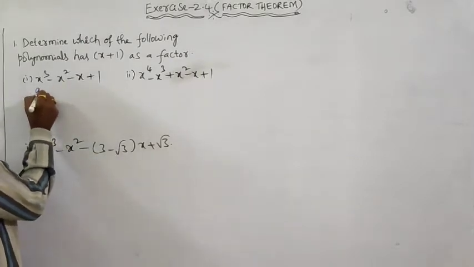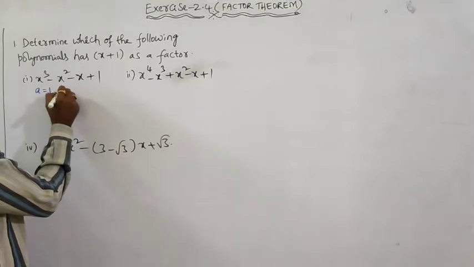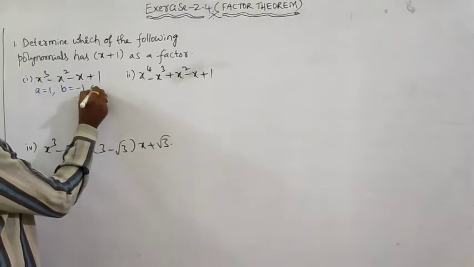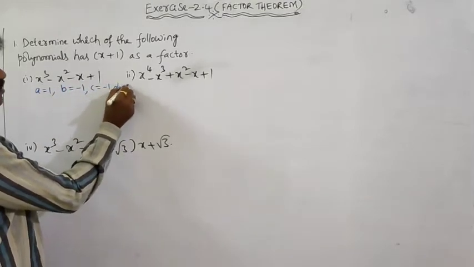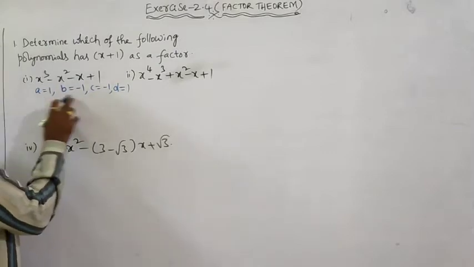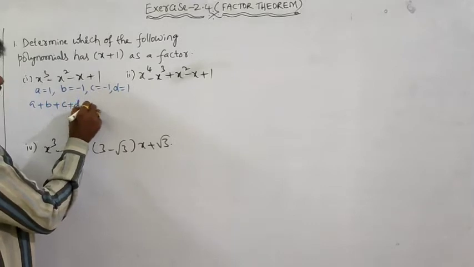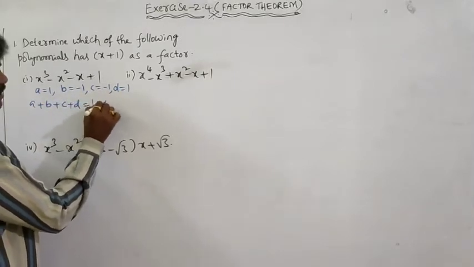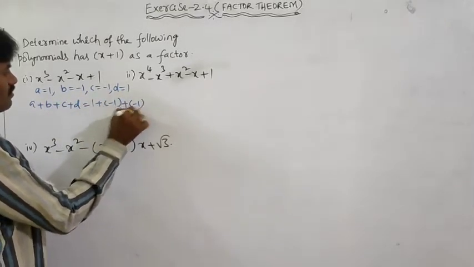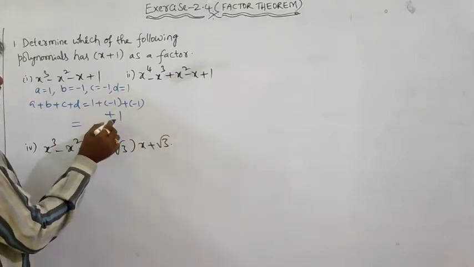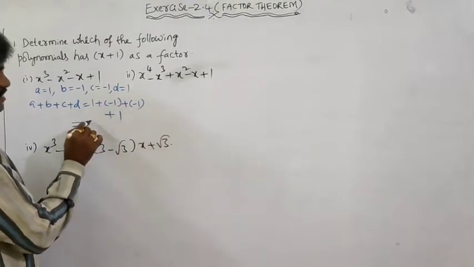Consider a is equal to 1, b is equal to minus 1, c is equal to minus 1 and d is equal to 1. Now the sum of these coefficients, a plus b plus c plus d, is 1 plus minus 1 plus minus 1 plus 1. So finally the sum is 0.